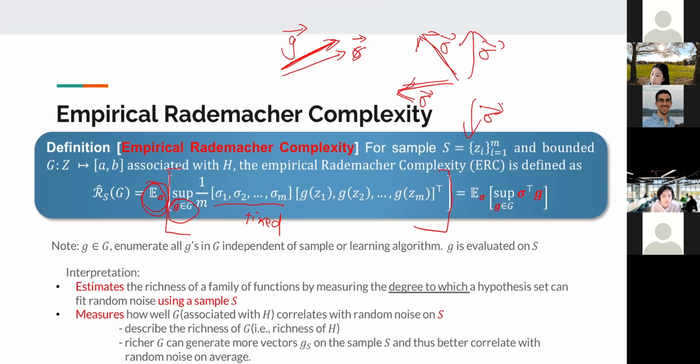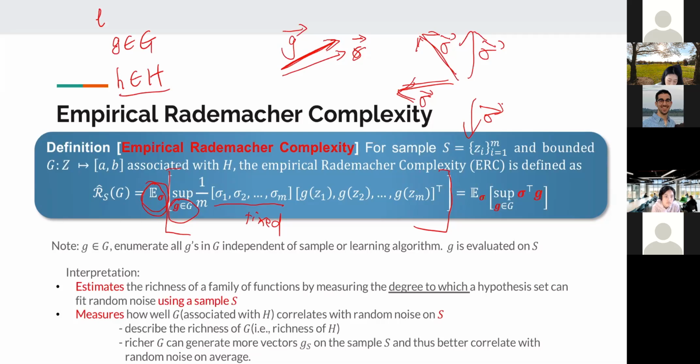Say that again. When you're taking the supremum, we're changing g, but h, the hypothesis we're evaluating this on, is a constant hypothesis, right? Remember, you're finding a g within G. Because you've chosen a maybe fixed loss function L, effectively you're finding h in H. Does that make sense?